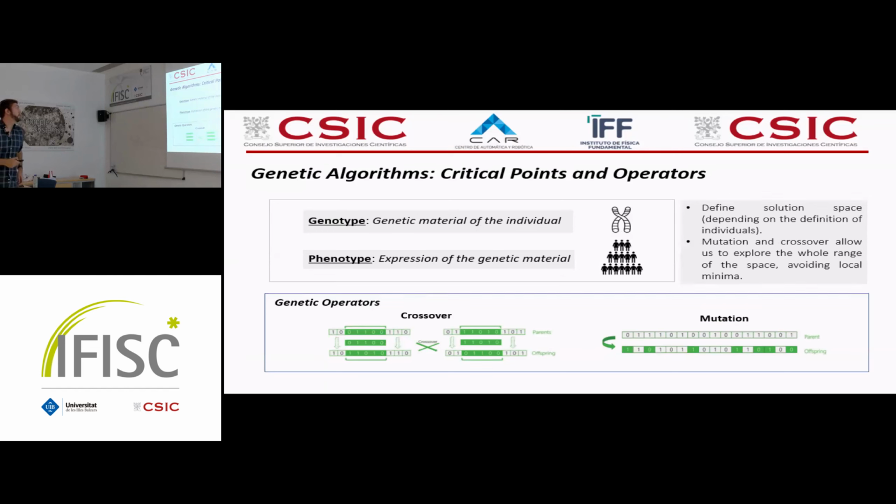Okay. So the critical points that we have in genetic algorithms are the genotype. We have the chromosomes, here also called chromosomes. And it's very important to define this because it is defining the solution space that we have. We have like a universe of solutions and we can explore it. And then the phenotype is exactly how to decode this individual. So we have the chromosomes, and then we can get a solution, for instance, a quantum circuit in this case.